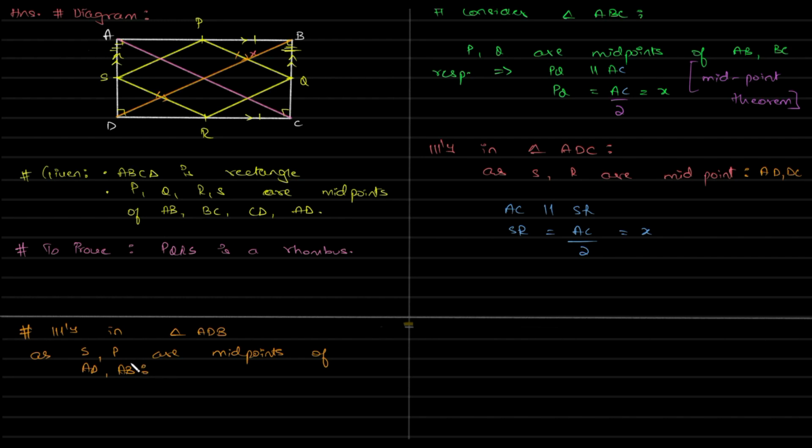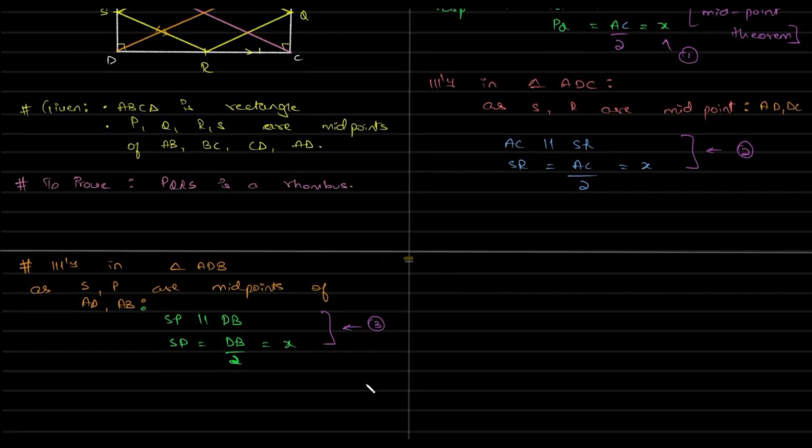What can we tell? Since these are the midpoints of AD and AB, SP is parallel to DB and SP is half of DB, which is equal to x. So from all of this, what can you conclude? So from equation 1, we'll call this as 1, this entire thing as 2, and this entire thing as 3.